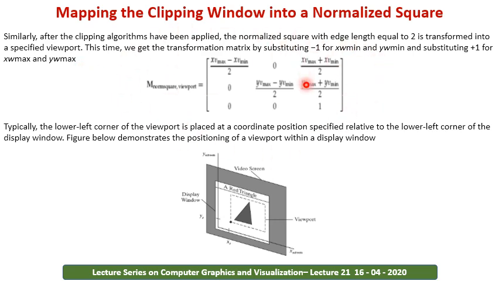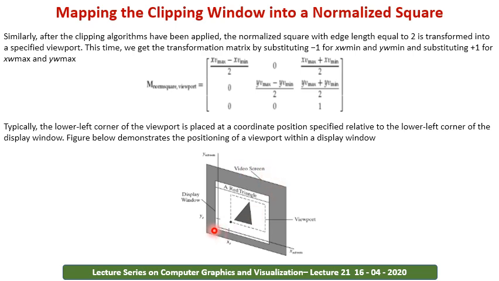Once you have substituted all the values, we get a normalized viewport depending upon -1 to 1. So this is actually the normalized coordinates square for displaying the object.